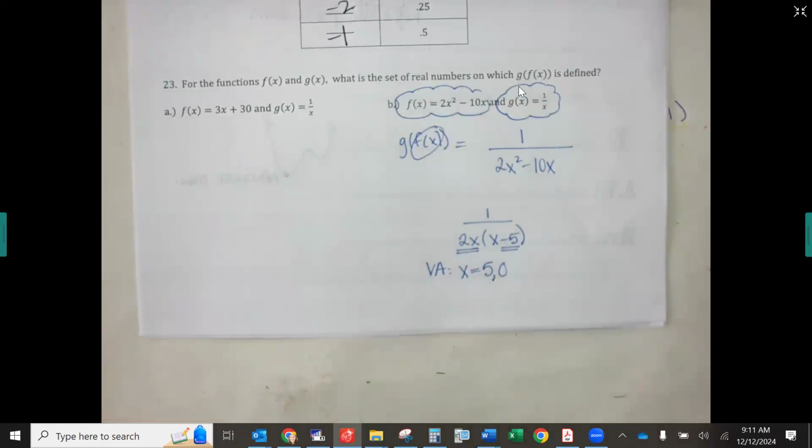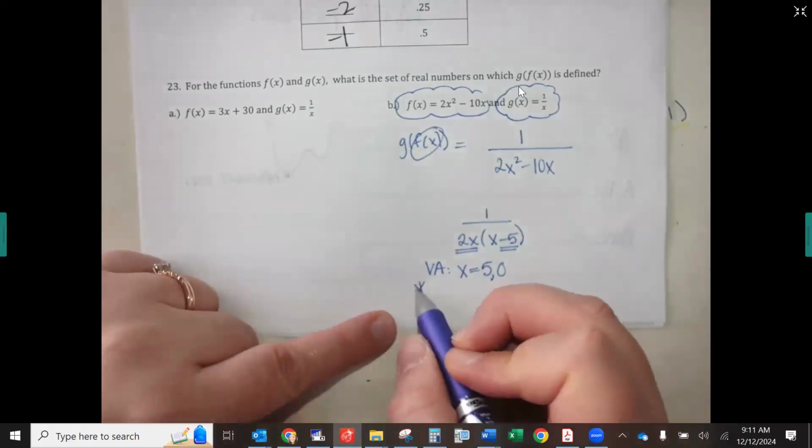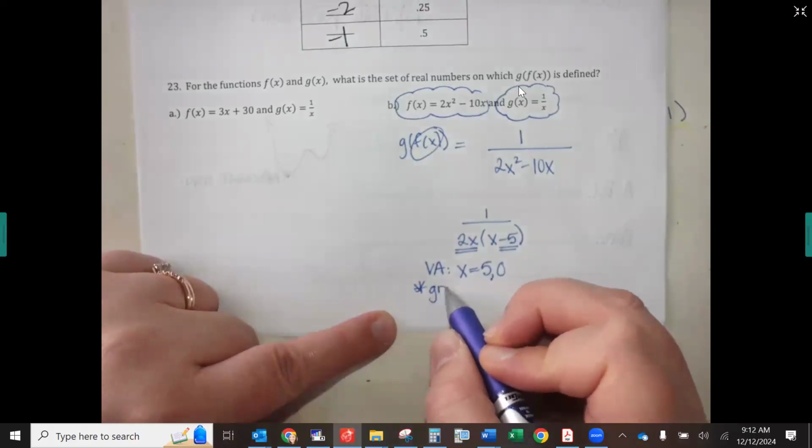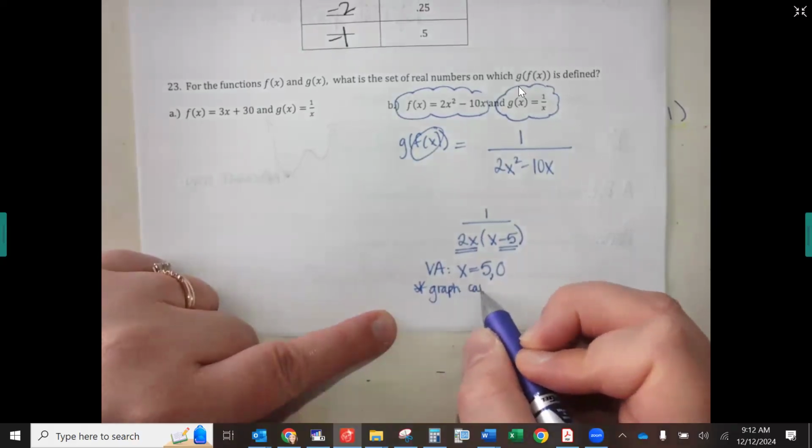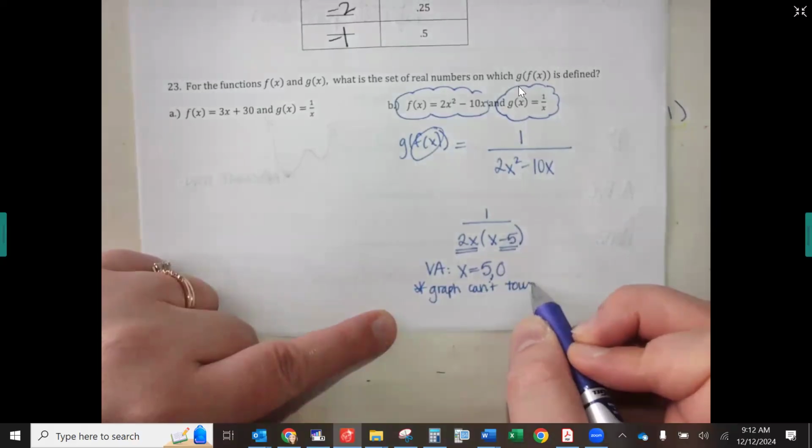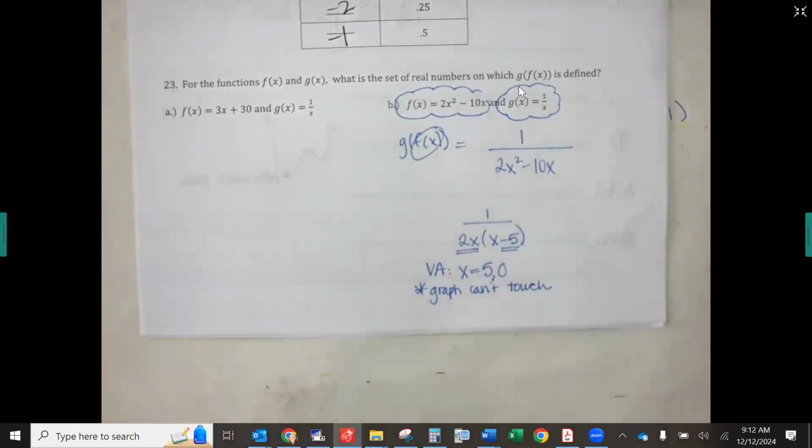Now, one thing that is a little bit tricky about this is they're asking you what the real numbers are going to be defined at. This is where it's undefined. Remember that for vertical asymptotes, those are the X's your graph can't touch. So if they want to know where the graph is defined, you would basically say everywhere else, but just not these two numbers.